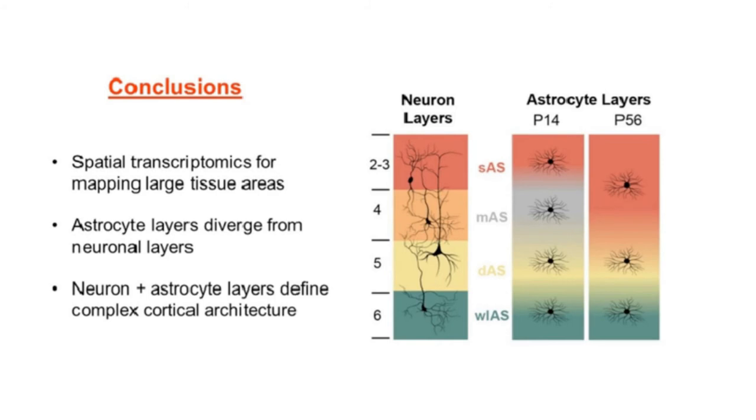An important, perhaps the most important, biological conclusion is that cortical structure is not solely composed of neuronal layers. The combination of neuronal and divergent astrocyte layers defines a more complex cortical architecture than was previously thought.